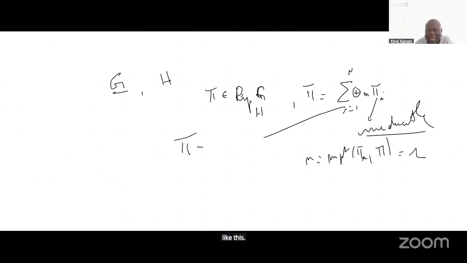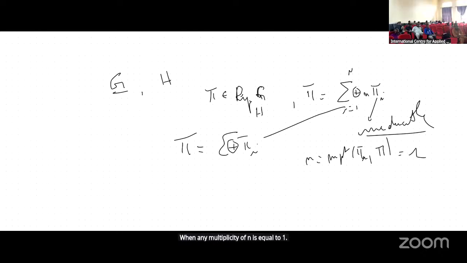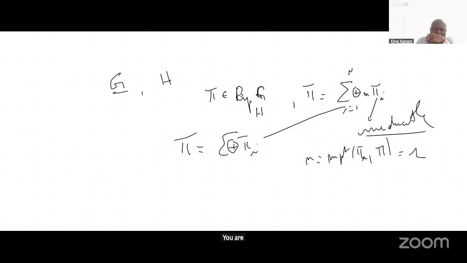But when your representation is not finite dimensional, you cannot decompose it into irreducible representations. So you use what we call the direct integral representation.